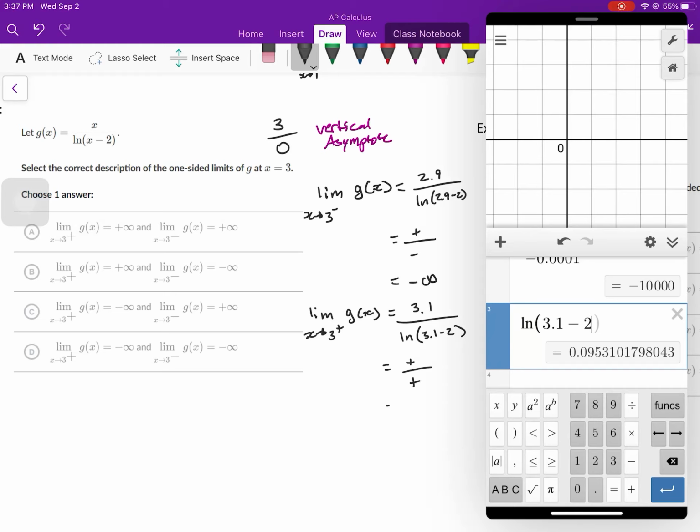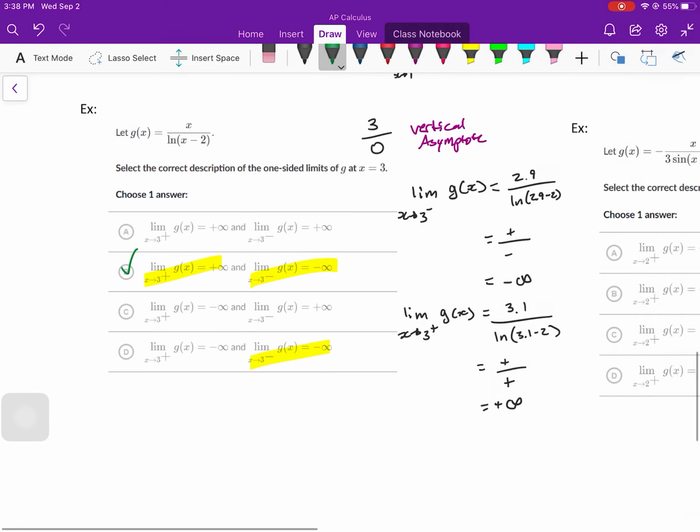And that's a positive. So this is going to positive infinity. So as we approach 3 from the left, it's going to negative infinity. Let's see which one of those, here and here. And then which one has our limit from the right going to positive infinity? That would be right here. So we're going to answer with B.